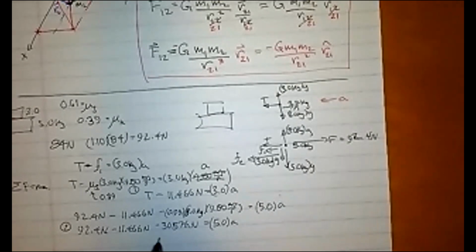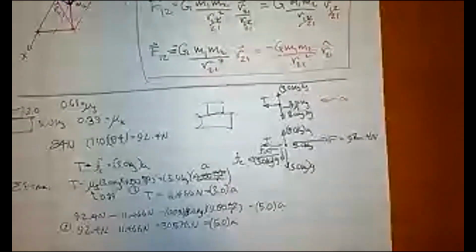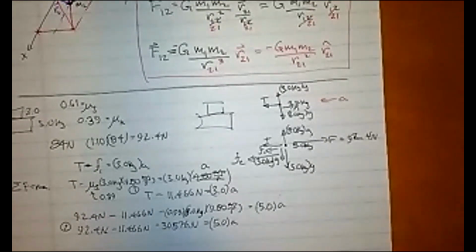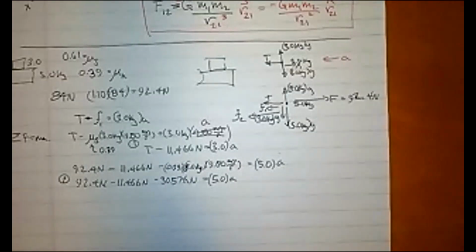Luckily, this side's doable, so I can work that out. So I'm going to do 92.4. Well, let me double check my math on that too anyways. 84 times 1.1. Yep, 92.4 minus 11.466 minus 30.576.